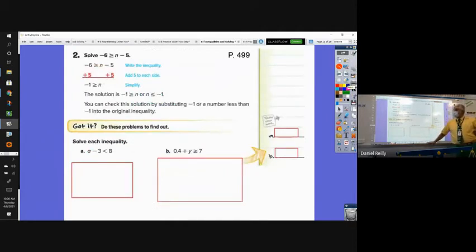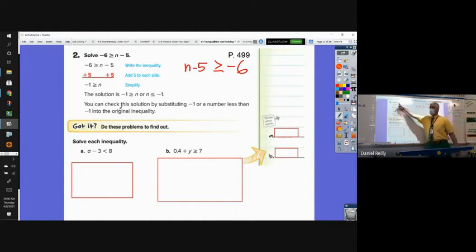Okay, this one, -6 is greater than or equal to n minus 5. Now, when we did equations, some of you didn't like having the variable on the right side of the equation, so you can switch it. If it's an equation, you just switch the sides, okay? In an inequality, what do I have to do if I switch the sides? If I wanted to write n minus 5 on this side and -6 on this side, is that okay, like that?